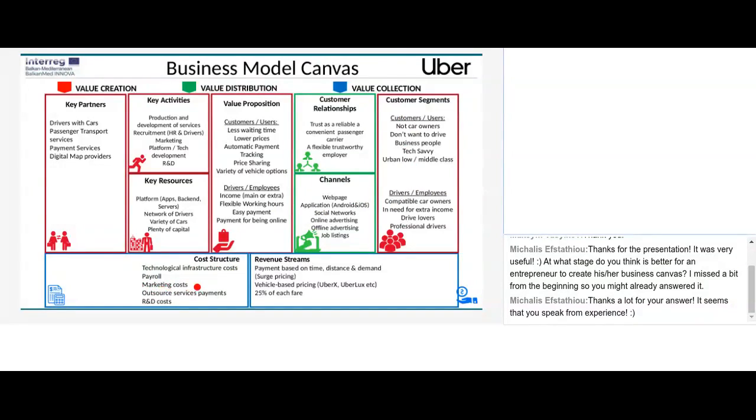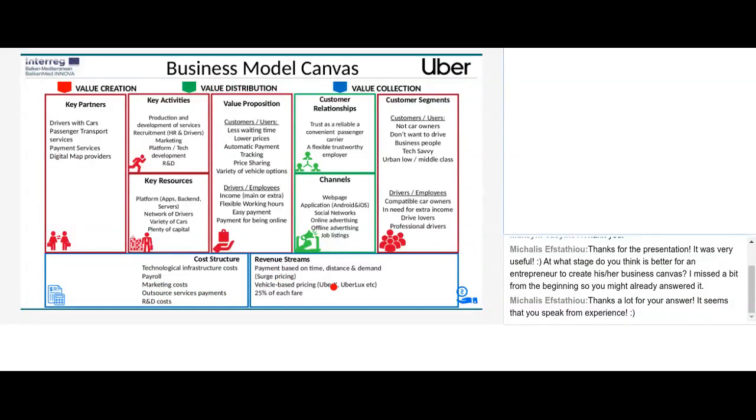We have marketing costs, and the outsourced services payment, such as digital maps provider or payment services. And of course, we have the R&D costs. Uber is really engaged in R&D because it wants to innovate. It's one of these companies that innovate.